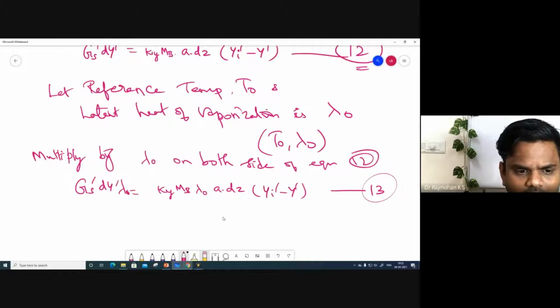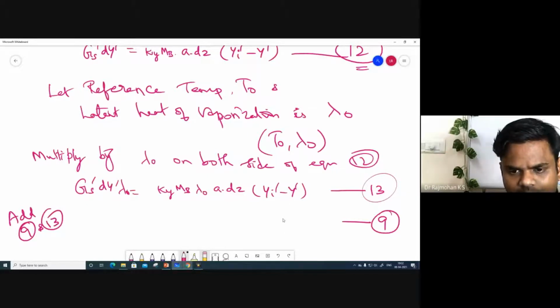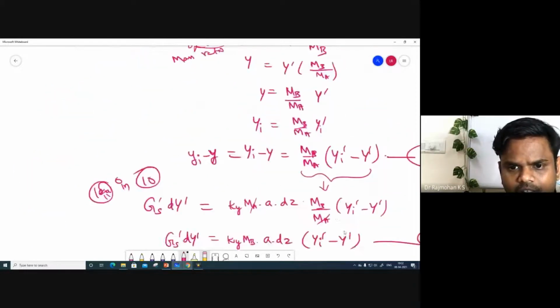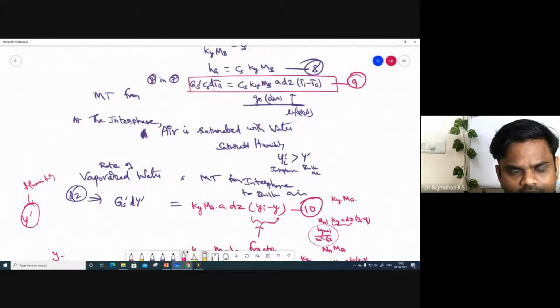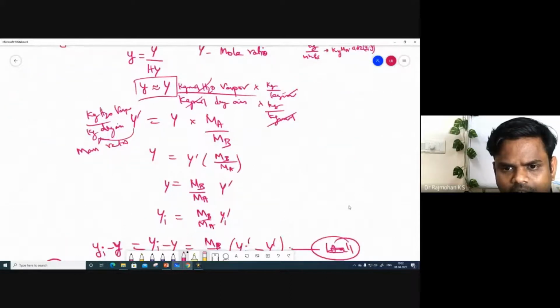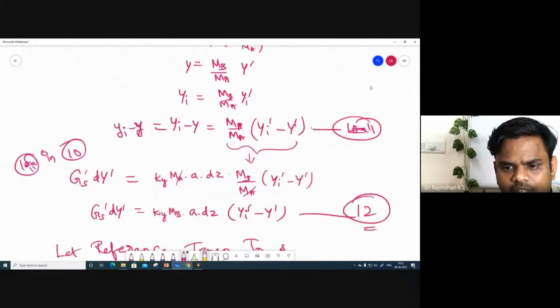Now we already have equation number 9. If we add equation number 9 and 13, see what we get. What is equation number 9? Gs' Cs dTg is equal to Cs ky mB a dz into (Ti minus Tg).